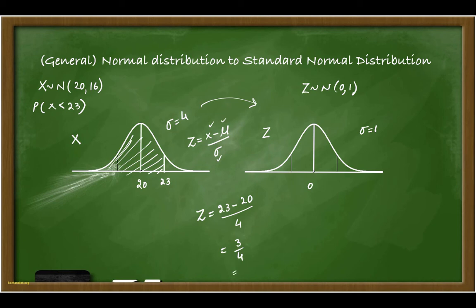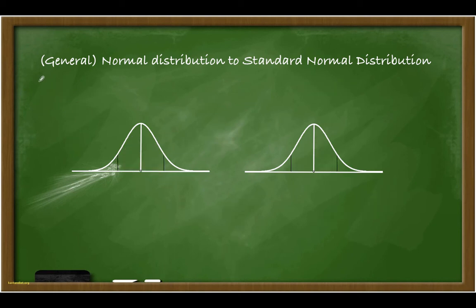So this is 3 over 4, that is 0.75. So we need to find the probability that z is 0.75 or less. If you see the table that we used earlier, the probability that z is less than 0.75 is 0.7734.